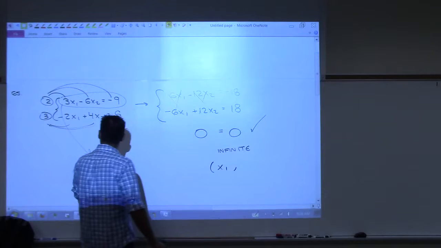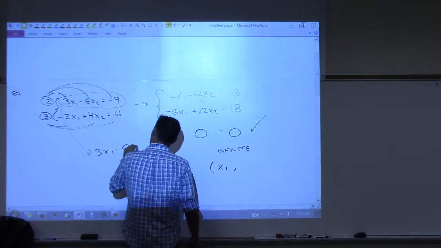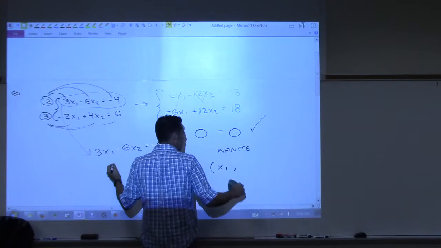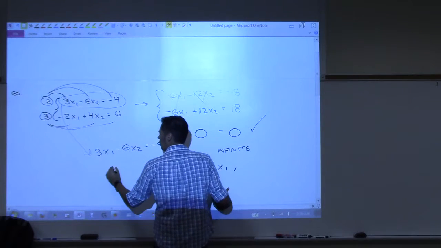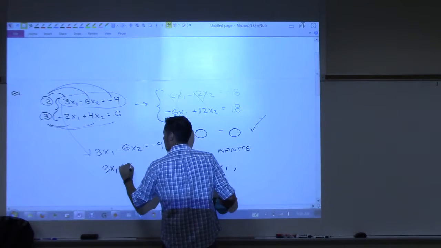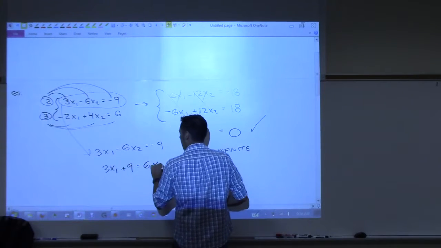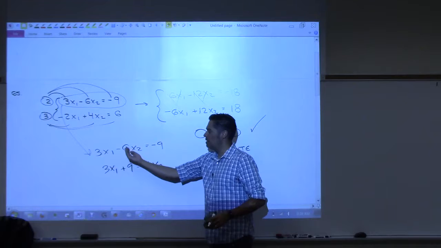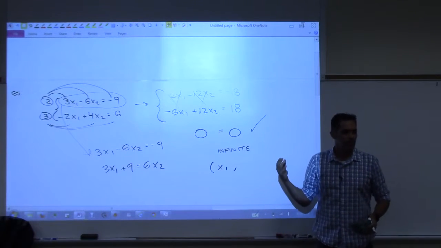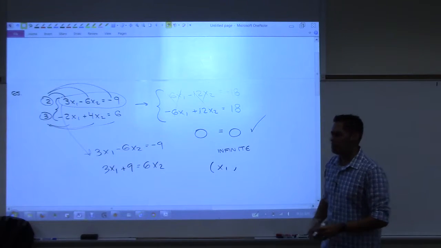So let me take 3x1 minus 6x2 equals negative 9. I'm going to solve for x2. So how about we do this? 3x1 plus 9 equals 6x2. So I moved the negative 9 to the left, move the negative 6x sub 2 to the right. Is that all right? And then divide both sides by 6.